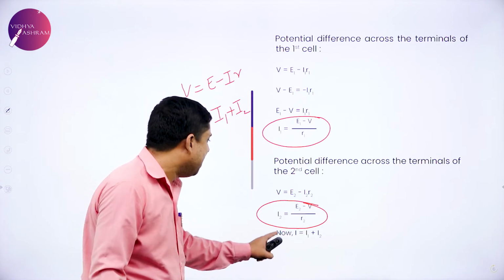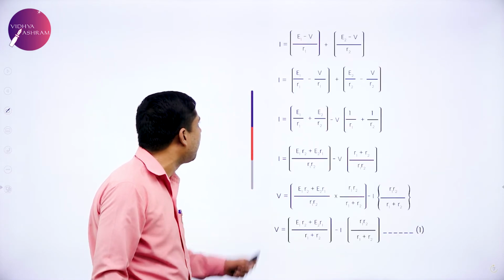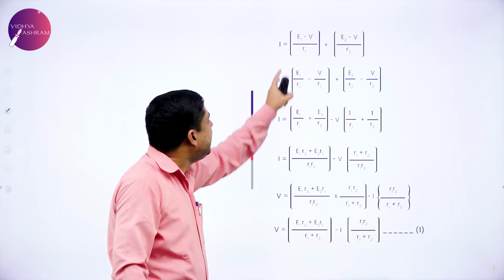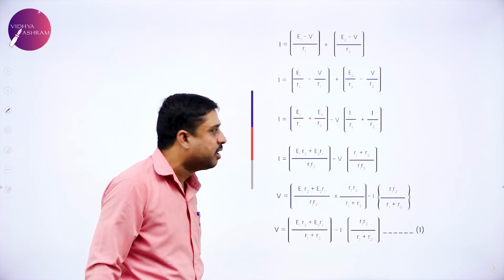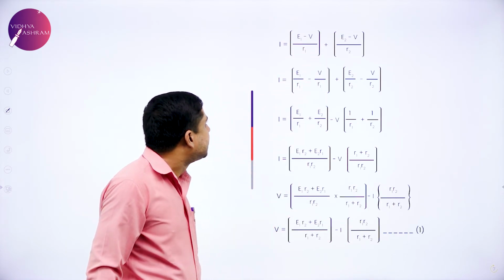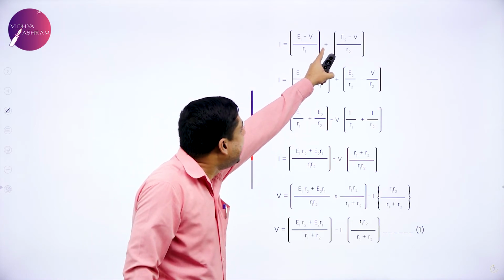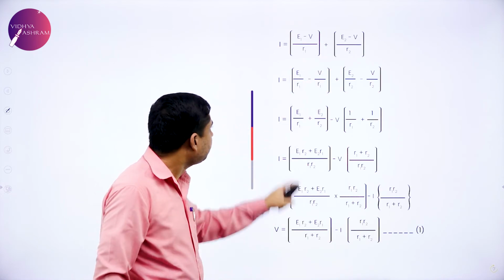Now I know the main current is I1 plus I2. So substituting for I1, (E1 minus V) by R1, plus substituting for I2, (E2 minus V) by R2.